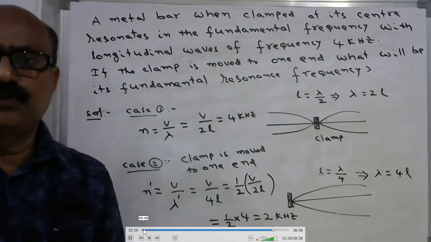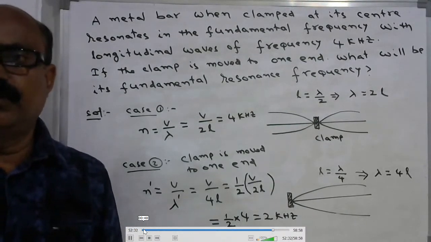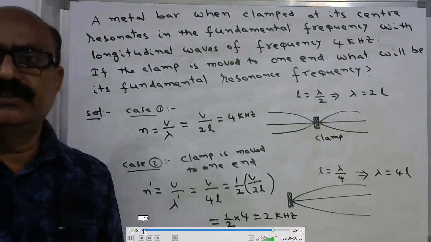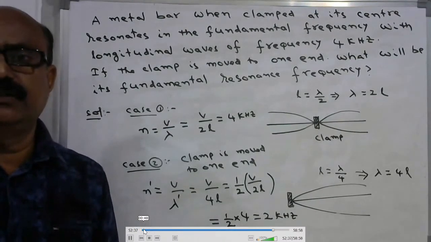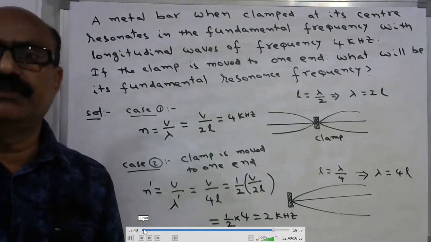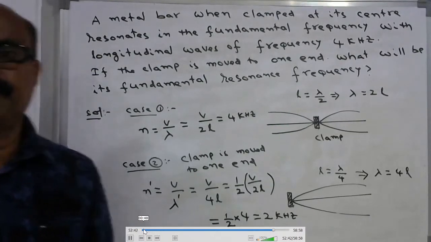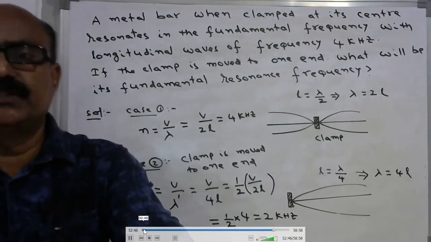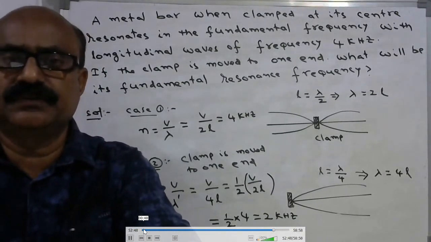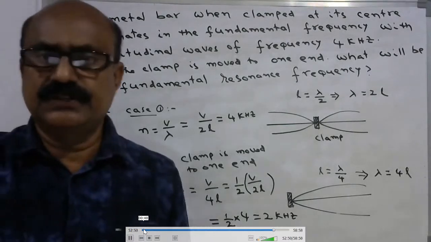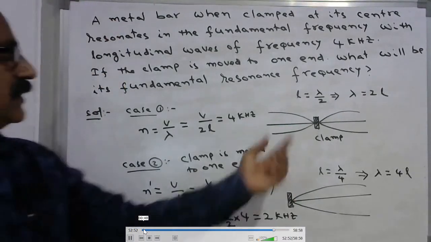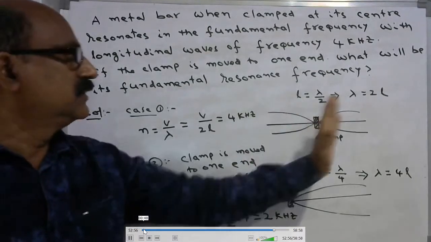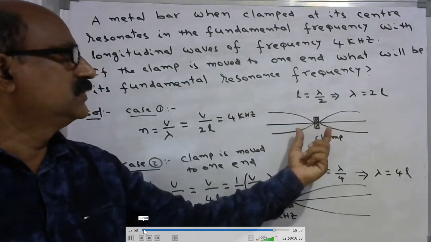In this problem, a metal bar when clamped at its center resonates in the fundamental frequency with longitudinal waves of frequency 4 kHz. If the clamp is moved to one end, what will be its fundamental resonance frequency? In the first case, a clamp is set at the center of the bar and longitudinal waves are produced.